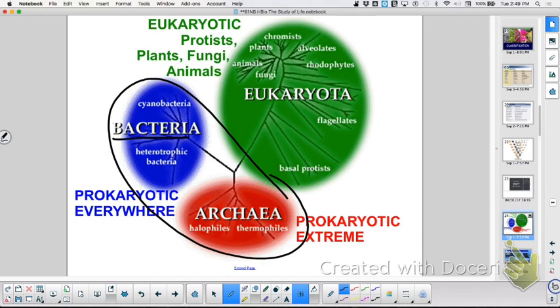Bacteria and archaea are both prokaryotic. No membrane enclosed organelles. You are what? Eukaryotic. The eukaryotes have 4 kingdoms, right? This is a domain. It goes domain, then what? Kingdom. What kingdom are you in? Animal. What's another kingdom? Plants. Good. What's another one? Fungi. What's another one?